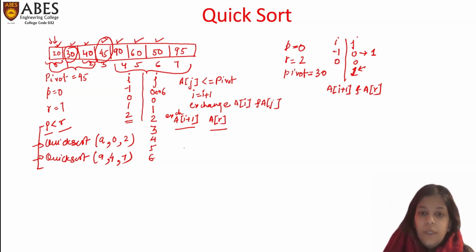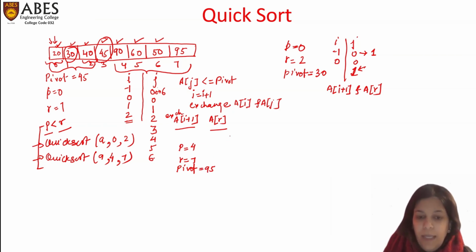For the right part also, let us again take p equal to 4, r set to 7, and the pivot will again be selected as the last element, and the value of pivot will be 95.